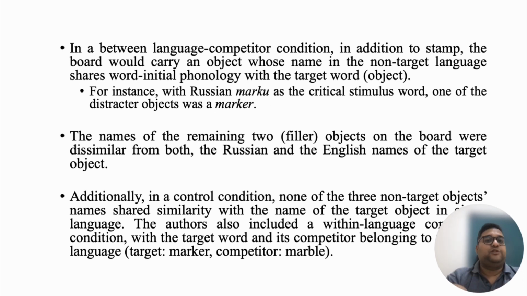Marker is an English word, whereas marku is a Russian word. Technically, if there is no parallel phonological activation, if phonological candidates from the non-target language are not getting activated, then there is no reason for the participants to get distracted by the presence of the marker in the visual object display.